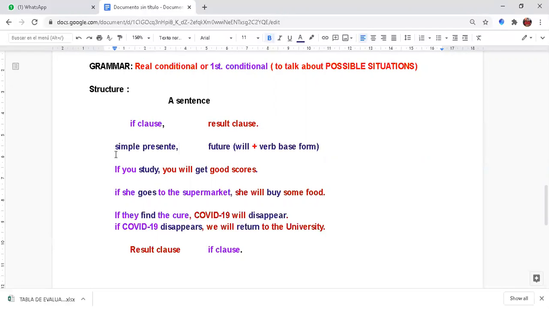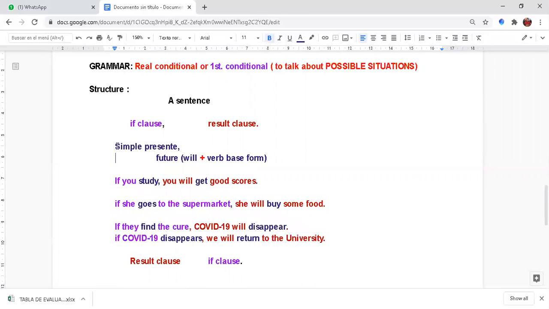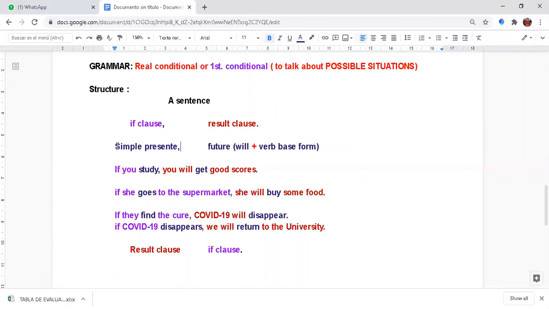Example, I have one example here. If you study, that is the if clause. Look, if you study, simple present. You will get good scores, the result clause, future.